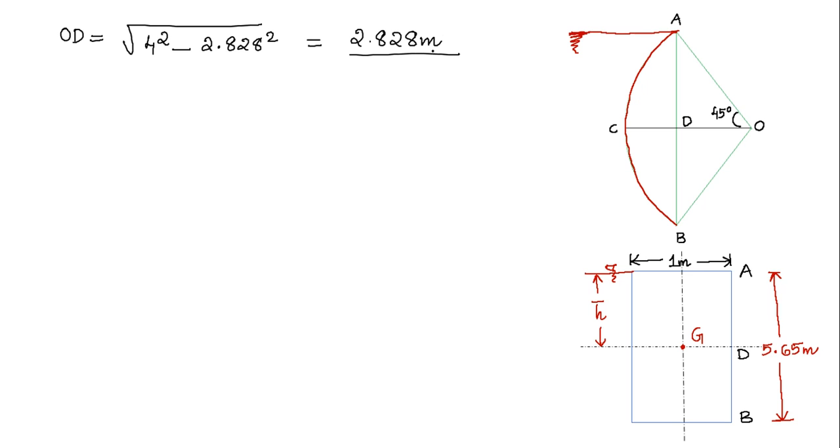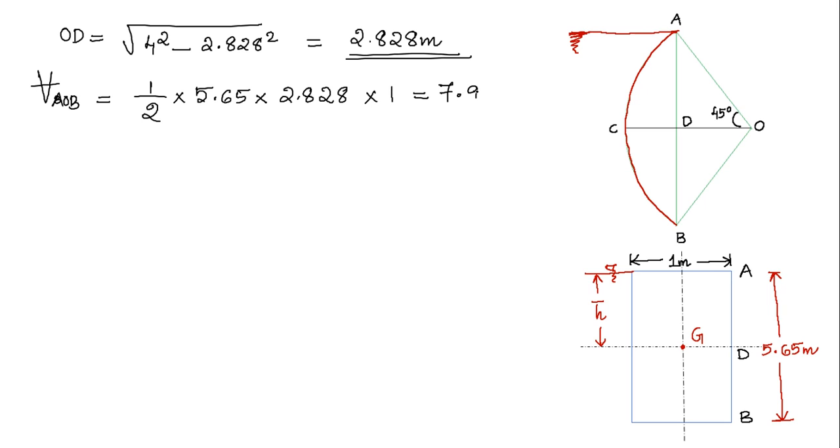So we'll get it as 2.828 meters. Now volume of AOB will be equal to half into 5.65 into 2.828 into 1. We'll get it as 7.9891 meter cube.